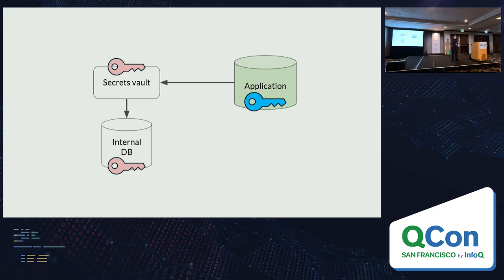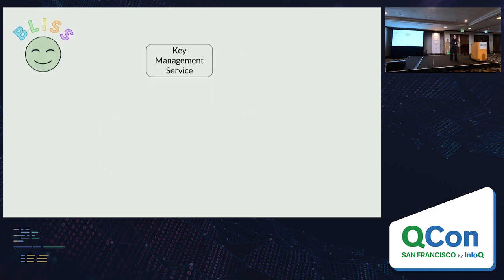So what we're going to do is, instead of a secrets vault, we're going to use a key management service, which is something every cloud provider offers. It's a very simple piece of technology, no database involved whatsoever. We're going to use that KMS to encrypt our credentials, and we are going to store our credentials in Git, encrypted.